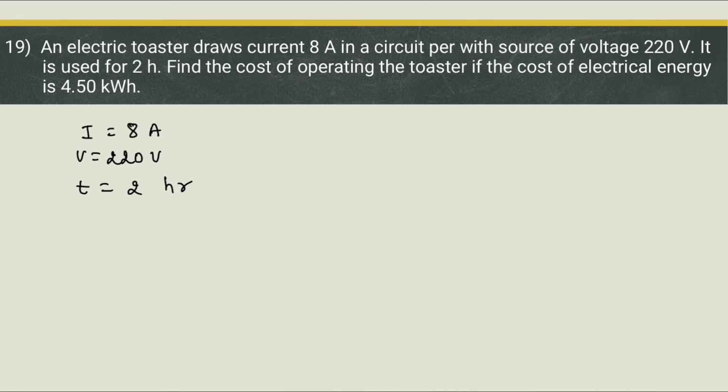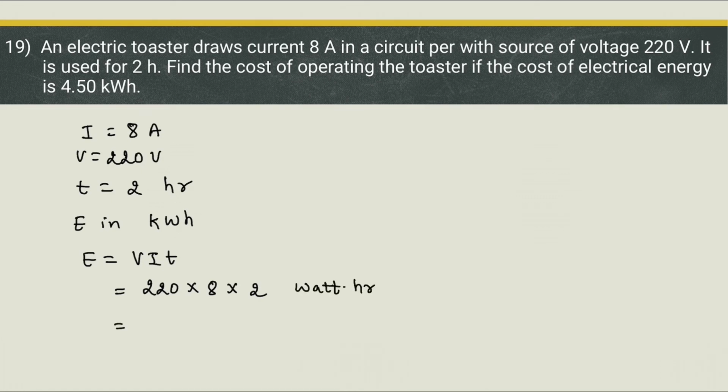To find the cost, first we need to find energy in kilowatt hour, and for that we have to use the formula E is equal to VIT. Voltage 220, current 8 ampere, time 2 hours, but this will be the answer in watt hour. So this is 220 into 16 watt hour, and that is 220 into 16 upon 1000 kilowatt hour.